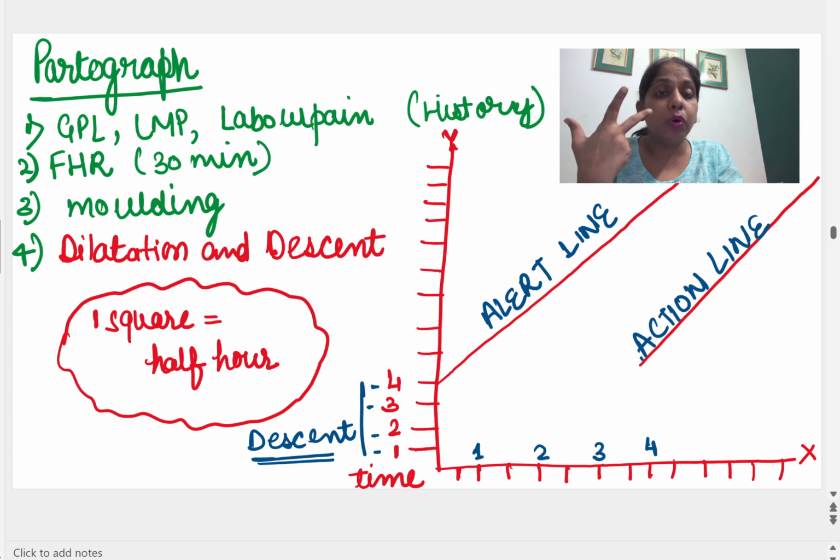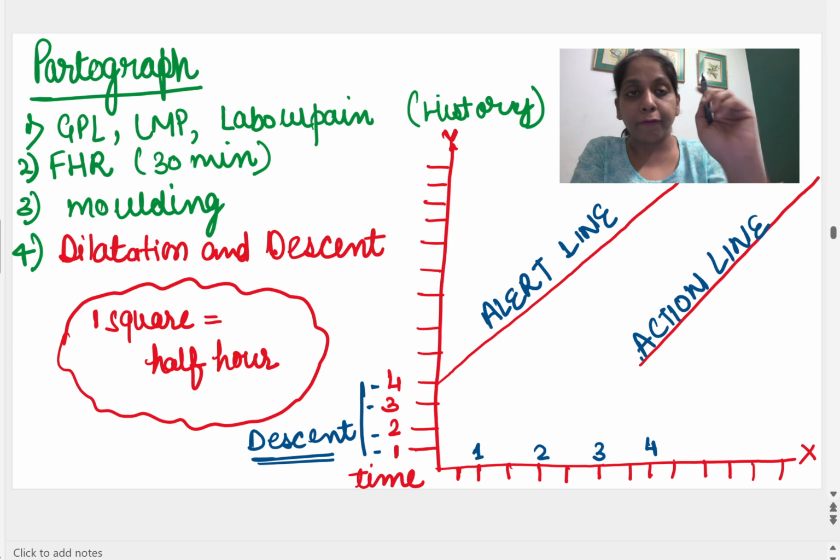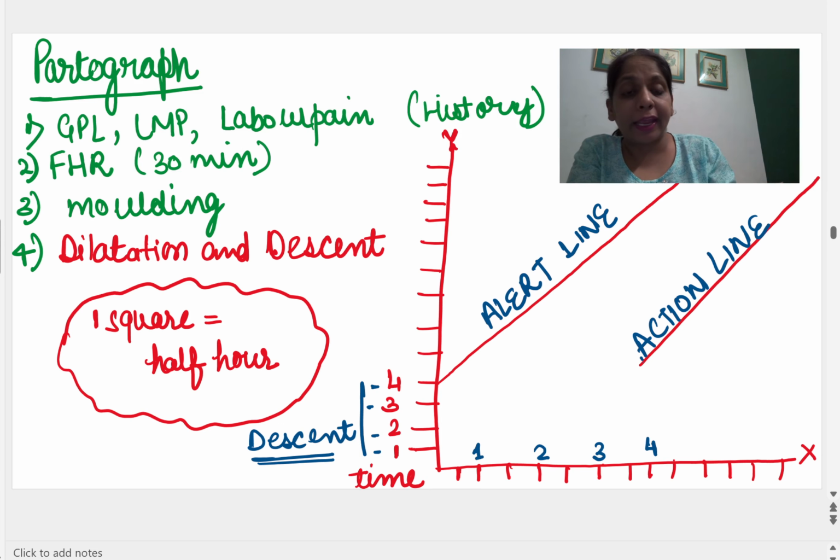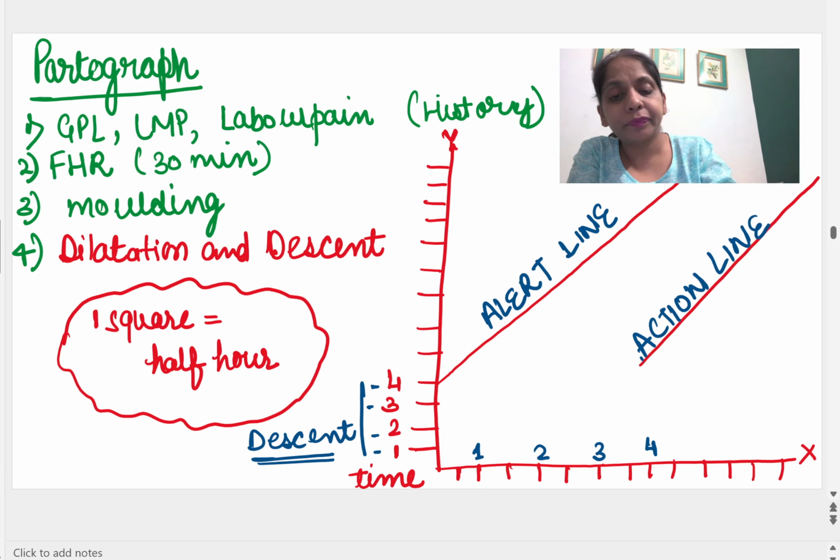Okay, the two parameters which we plot on the graph of the partograph or the cervicograph are the dilatation and descent. So we start the graph from 4 centimeter, right? On the y-axis here are the parameters 1 2 3 4 5 6 7 8 9 10.